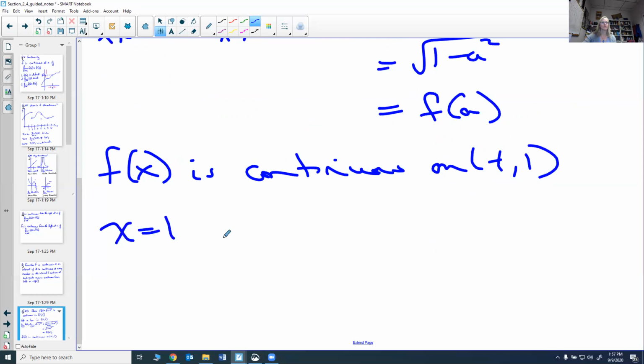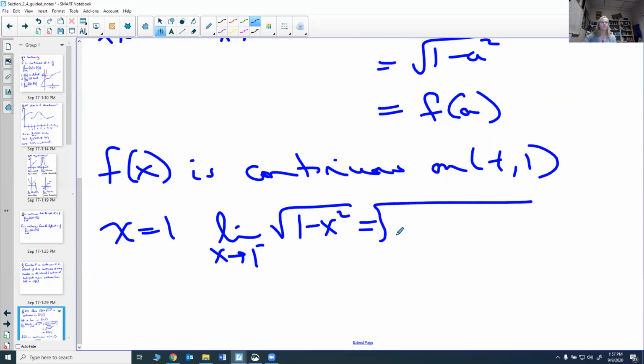So at x equals 1, let's start with that one. That means we're looking at the limit as x goes to 1 from the left, because we're between -1 and 1. So we're coming up to 1, we're coming from the left, of the square root of 1 minus x squared.